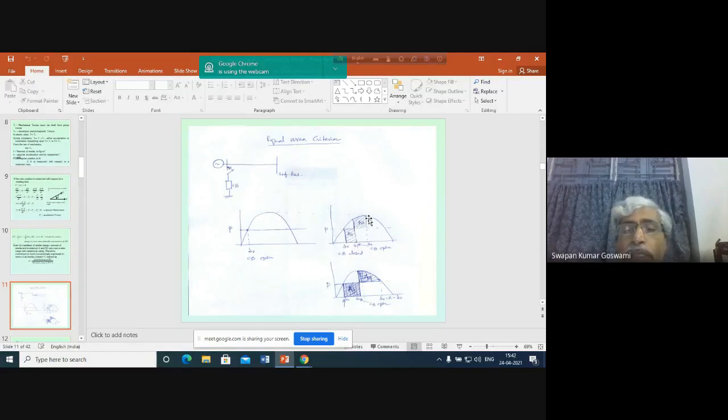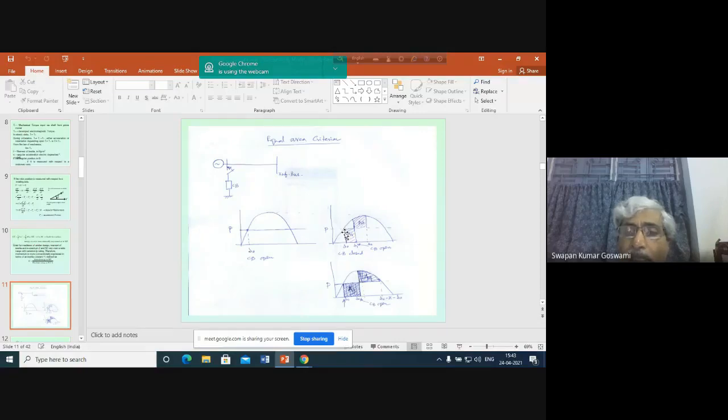We assume that here again the speed is synchronous. So speed is synchronous here, it is above synchronous here, and it is synchronous at this point. Since we are talking about the kinetic energy stored in the rotor of the generator, and since the rotor is rotating at synchronous speed here at delta equal to delta 2, the stored kinetic energy here will be equal to the stored kinetic energy here.